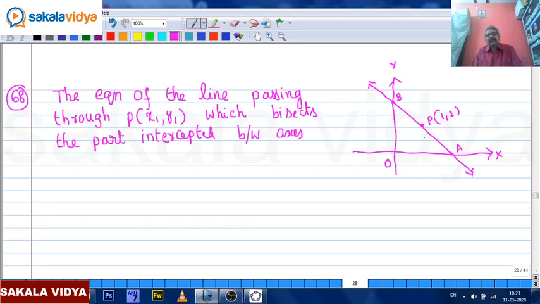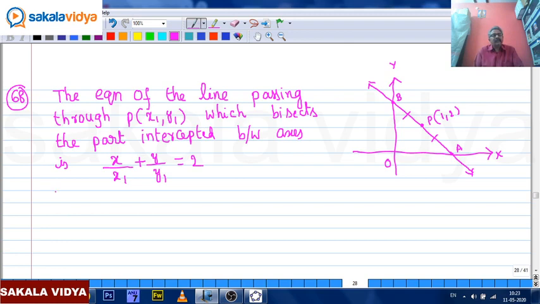That means AB. P divides AB into two equal parts. This part is equal to this part. The line between axes is given by the shortcut formula x by x1 plus y by y1 is equal to 2.